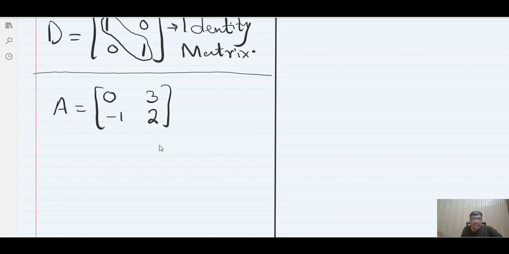Here we have two rows R1 and R2, and we have two columns, I name them C1 and C2. So two rows and two columns are there.